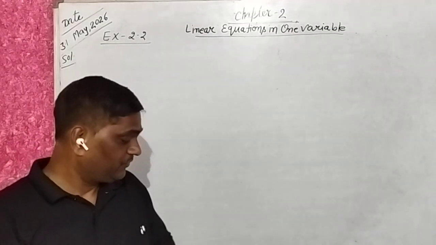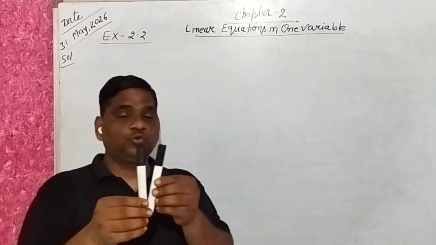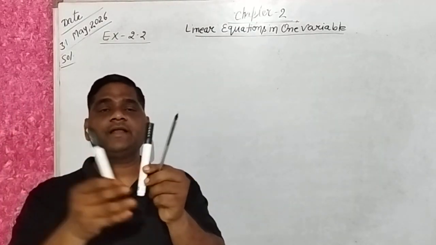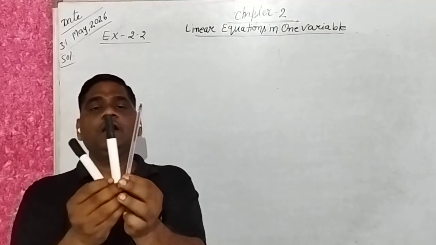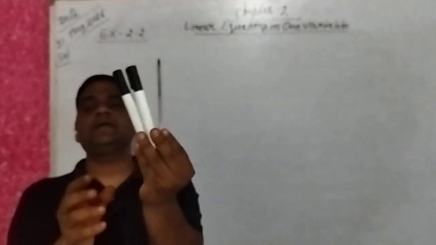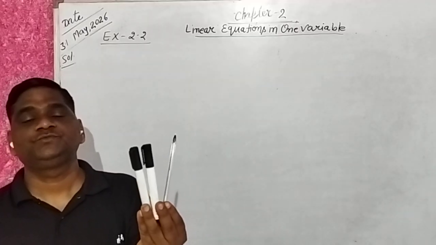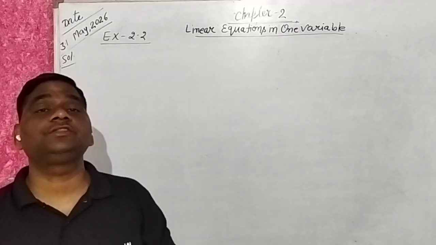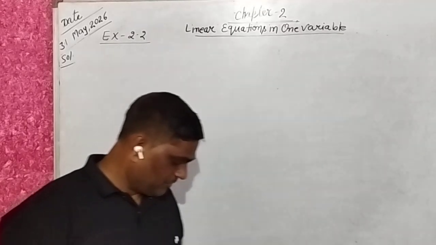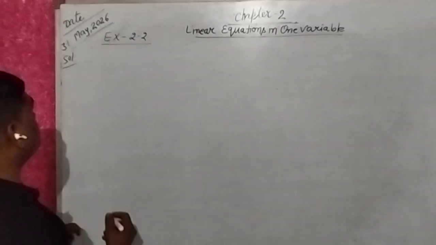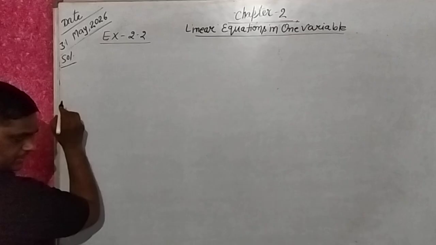If you have one number, two numbers and three numbers, and the sum of the three numbers is equal to 51, what are these integers? So first of all, question number 6.